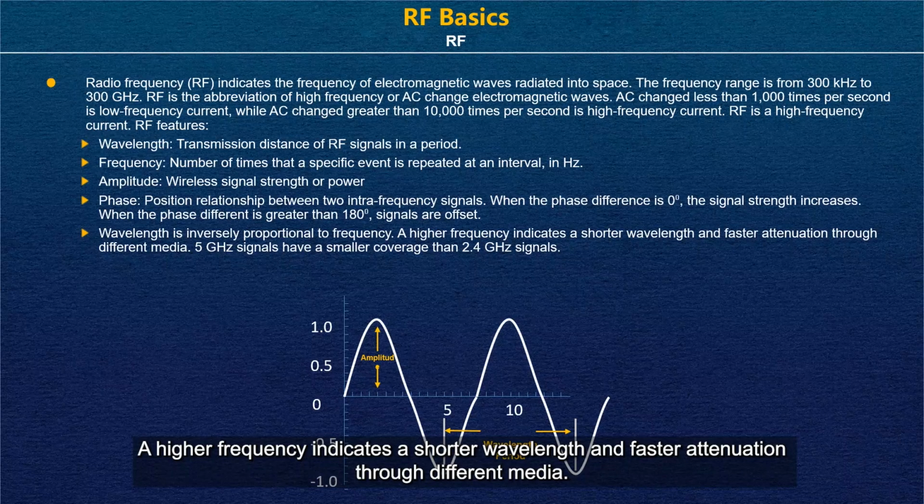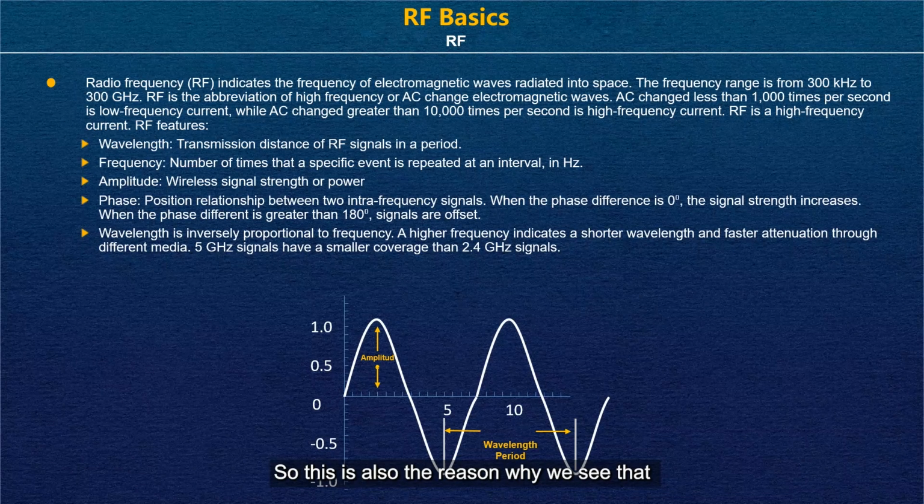A higher frequency indicates a shorter wavelength and faster attenuation through different media. So this is also the reason why we see that 5 GHz signals have a smaller coverage than 2.4 GHz signals. Okay, this is about the RF.